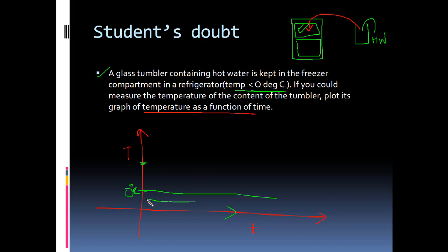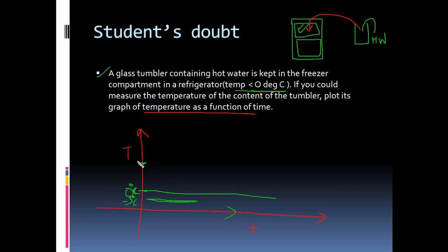So this is the temperature of the refrigeration compartment. We don't know what the temperature is, but let us consider it is minus 3 degree centigrade. Here this is the temperature of the refrigeration compartment, this is 0 degree centigrade and this is the temperature of the hot water.